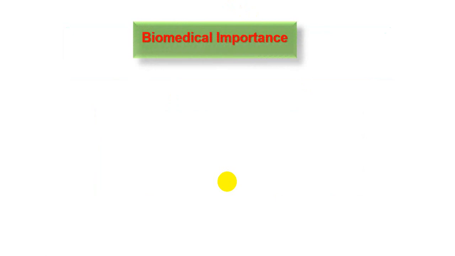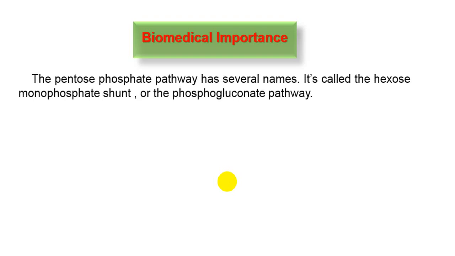Okay, pentose phosphate pathway. What's the biomedical importance, or why do we need to study the pentose phosphate pathway? Let us start with the meaning or the names of the pentose phosphate pathway. It has several names, more than one name. First, pentose phosphate pathway, and hexose monophosphate shunt.